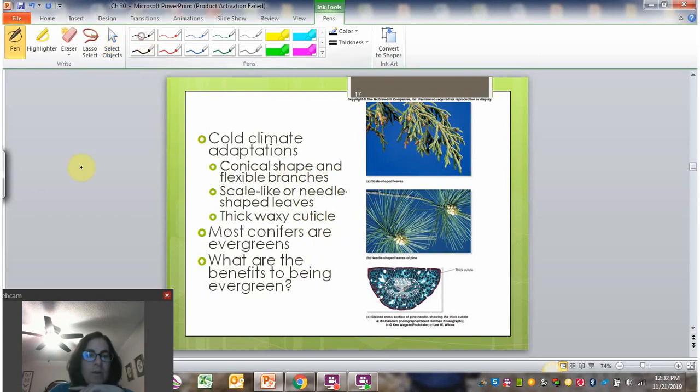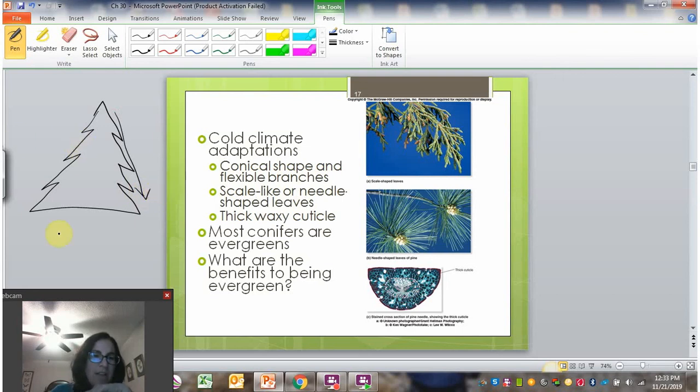When you think about a conifer, you may see this sort of iconic shape in your brain. This is the conical shape, and that shape helps shed snow. Snow will slide off of the tree rather than breaking its branches. Even if snow collects on the branches, conifers will just bend and flop their branches down.